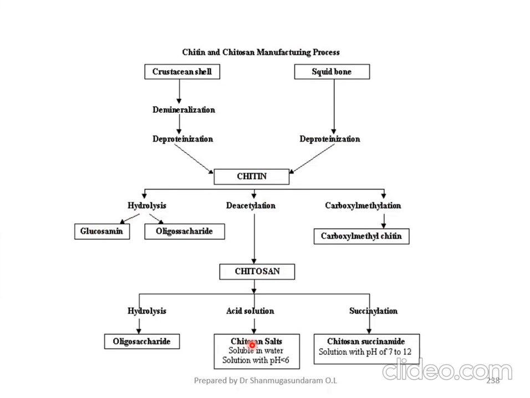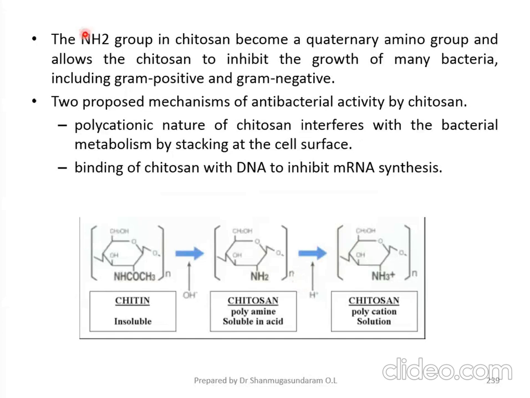sodium salts. It is soluble in water to some extent, soluble at pH less than 6. I told you this chitosan polymer has an amino group, that is NH2, in the secondary hydroxyl position. Please recall from the previous slides. Chitosan has NH2, that is the amino group, in the secondary hydroxyl position on the cellulose-like chemical structure.